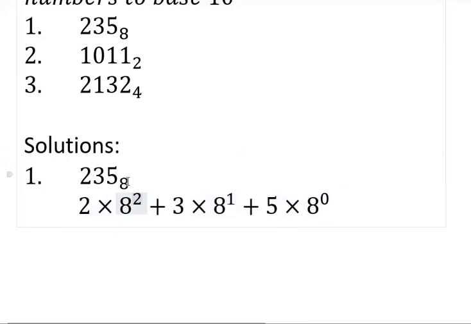Actually, we want to convert to base 10. So the first one will be 0, 1, 2. If you have more digits, that is how it will be ascending, 3, 4, 5, 6, and so on and so forth. But this time around, we only have a 3-digit number. That means the power will end at 2. So this is just simple mathematics.